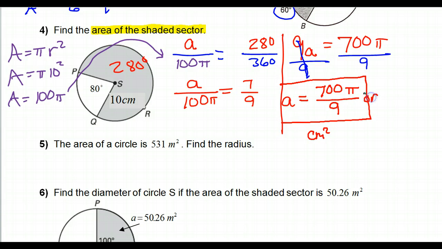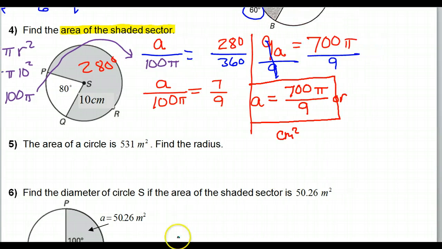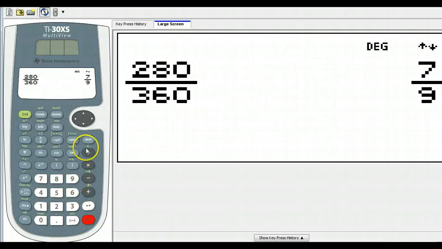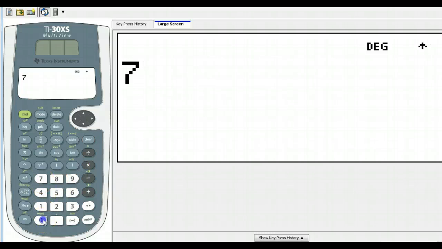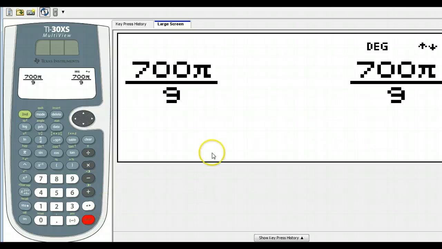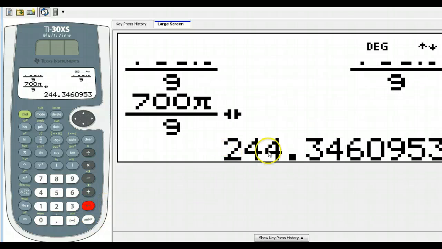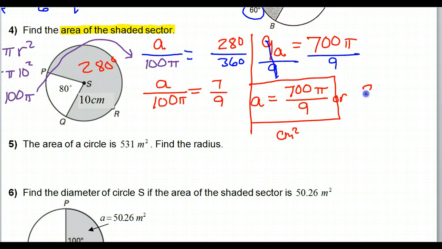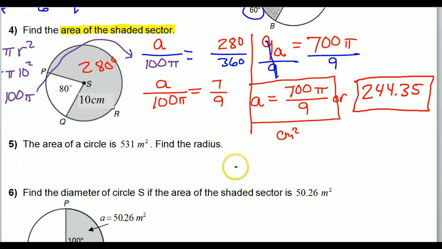Or in decimal form, 700 pi over 9. In decimal form, I toggle it, so it's 244.35. Alright, that is how you do number 4.